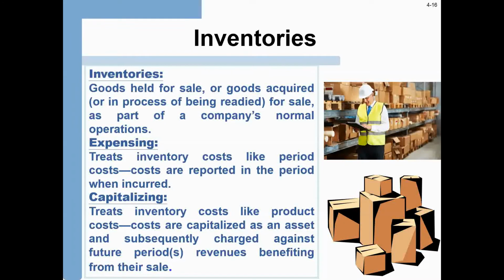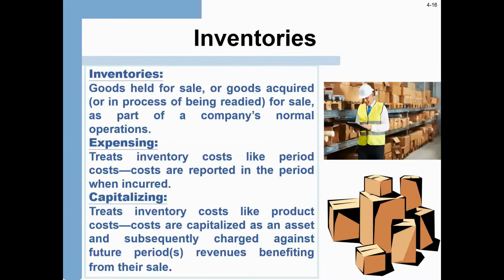On the other side, those inventories which the company is unable to sell, or which are under process or work in progress, need to be capitalized, and you can see capitalizing treats inventory cost like product cost. Costs are capitalized as an asset, as a current asset in this case, and subsequently charged against the future period revenues benefiting from their sales. So this is a little idea about the inventories.